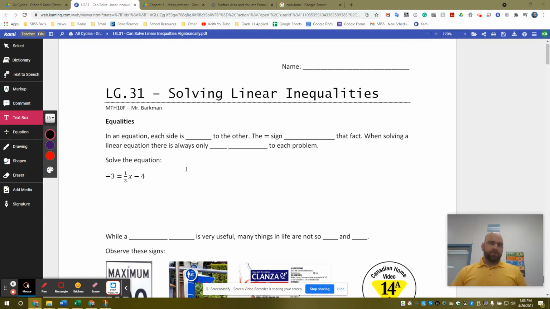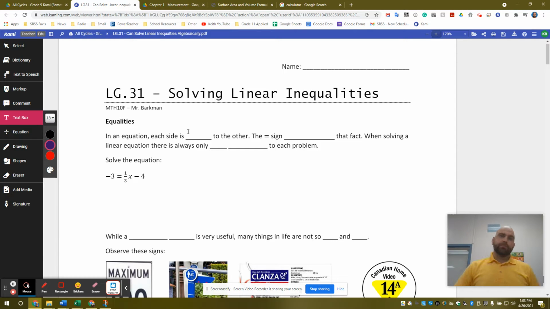So let's go back to equalities, or these might also be considered equations. In an equation, each side is equal to the other. We have an equal sign that represents that fact.